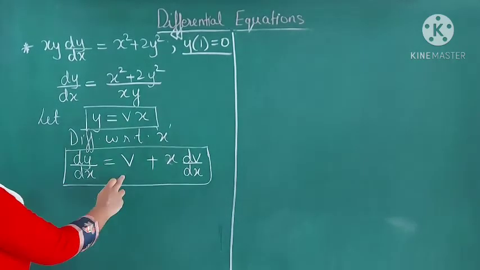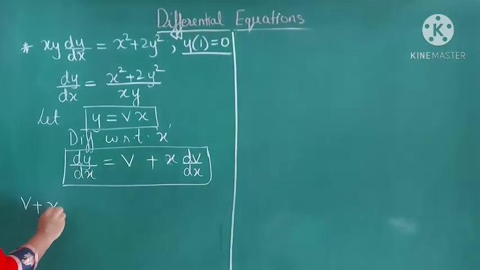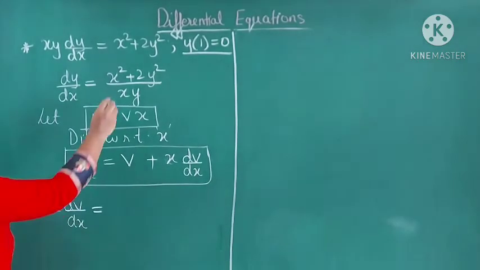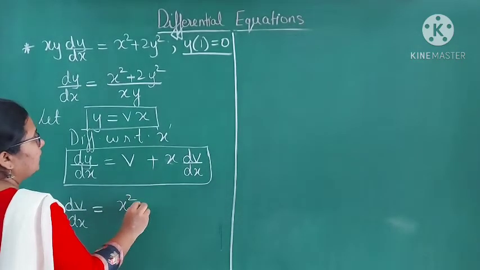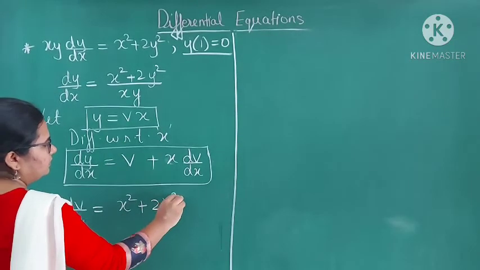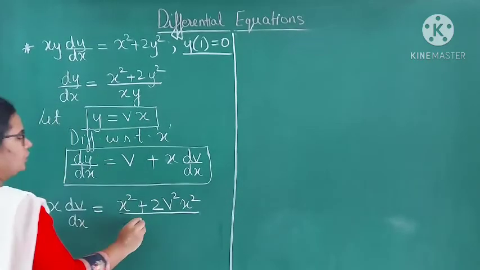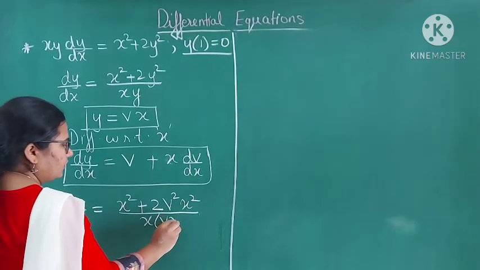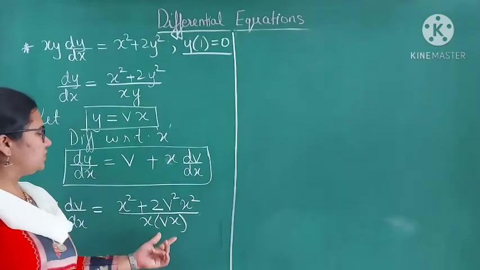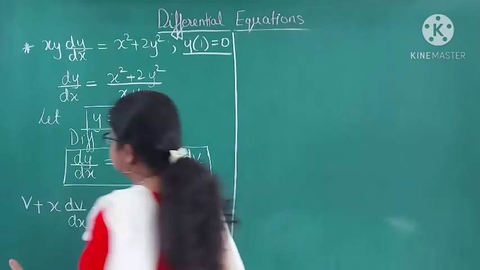These two substitutions we will do here. So we will get v plus x dv upon dx is equal to x square as it is plus 2y square, which becomes v square x square, upon x into vx. Yes, x into y is vx, so that will come here. Now we will simplify this part. This is the substitution.